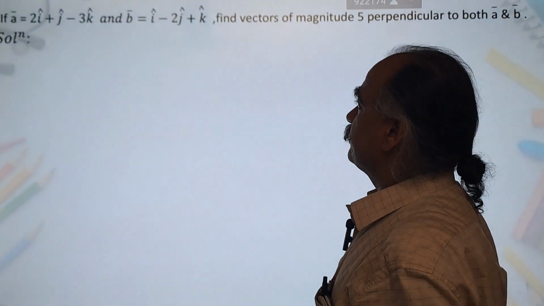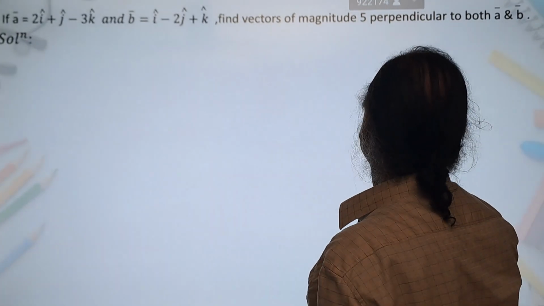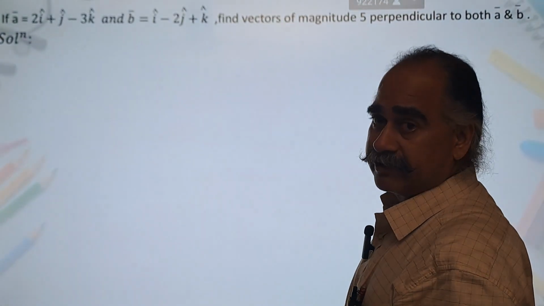Second problem is, A bar is given, B bar is given. Find vectors of magnitude 5 perpendicular to both A bar and B bar.